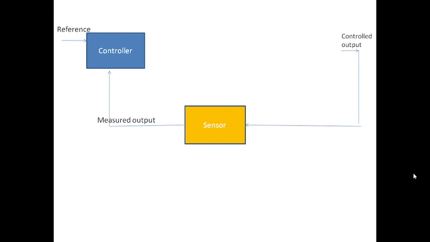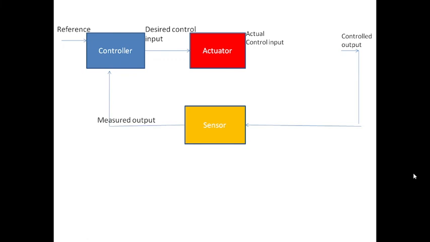Now the controller has to take a decision via another body, which in the previous case were muscles and limbs, and in a general control system this is nothing but the actuator. So the controller gives the output, and input to the actuator, as the desired control input.